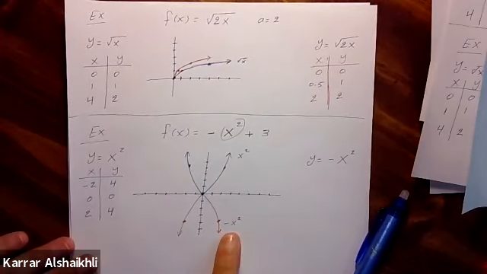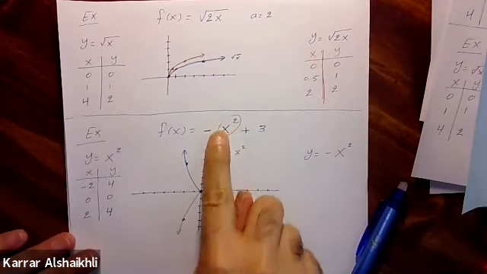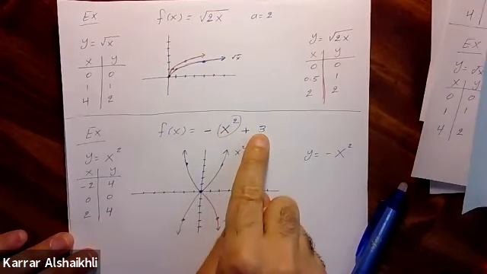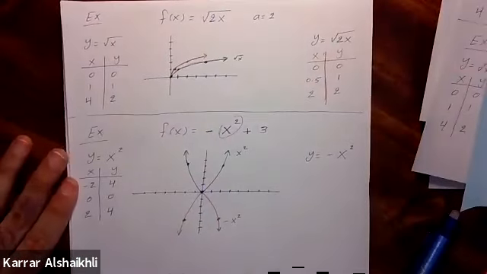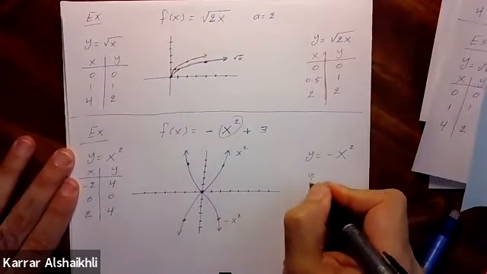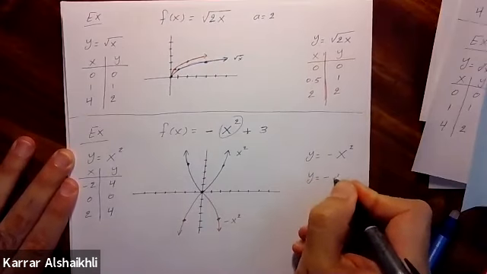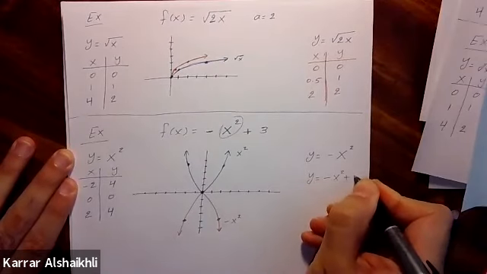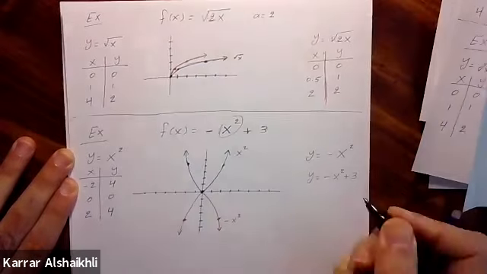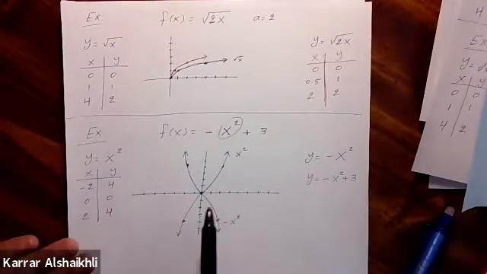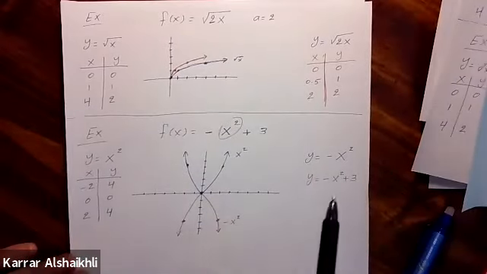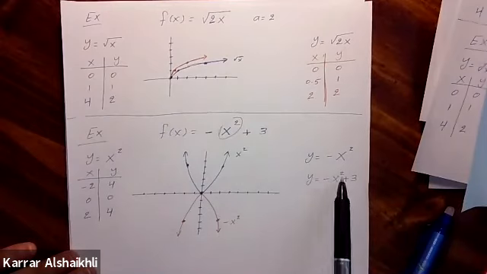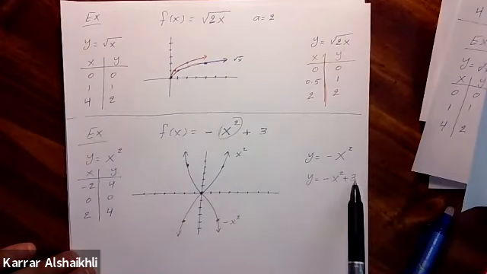Now, but we need to graph negative x squared plus 3. So let's graph the last one. y equals negative x squared plus 3. So this is the next step, the negative x squared. I need to move this graph, the new graph, 3 units up.